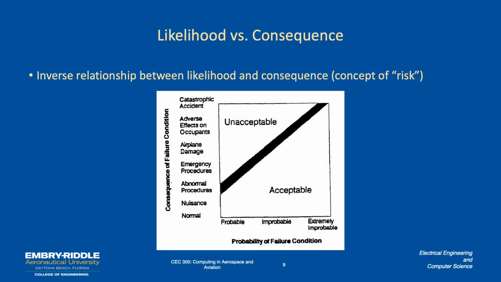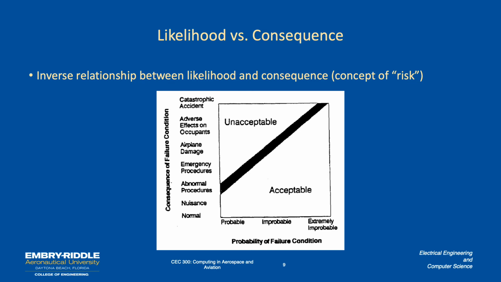So these sort of define an inverse relationship between likelihood and consequence. If you look on the horizontal axis here, we have probability of the failure condition. And this is sort of backwards. This is going from more likely on the left to less likely on the right. Whereas you have the consequences on the vertical axis, and these are increasing from bottom to top, in order of increasing negativeness.